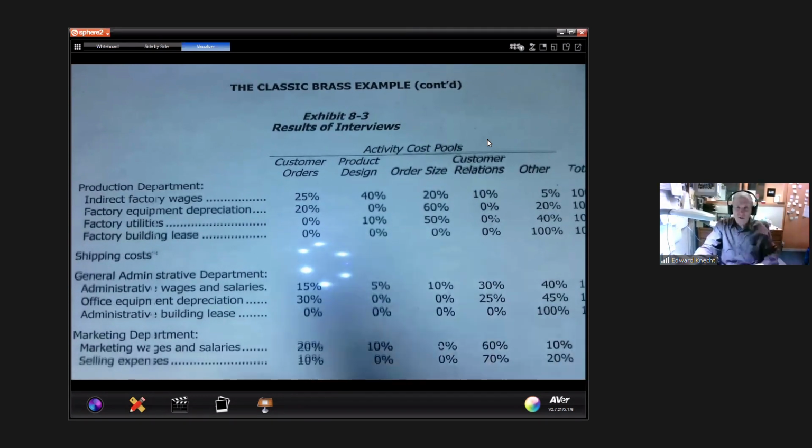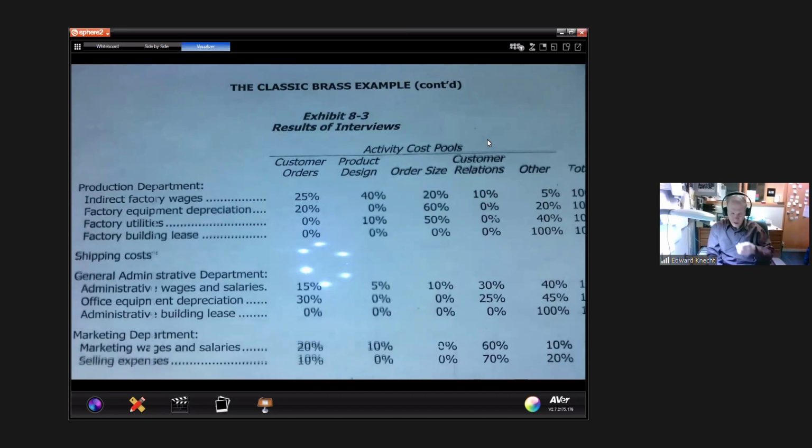This has to be given to you, there's no way you're going to know. They're going to tell you the percentages for indirect factory wages for customer orders. That's one activity. Product design, order size, customer relations, other. That is all given to you. You just set it up.